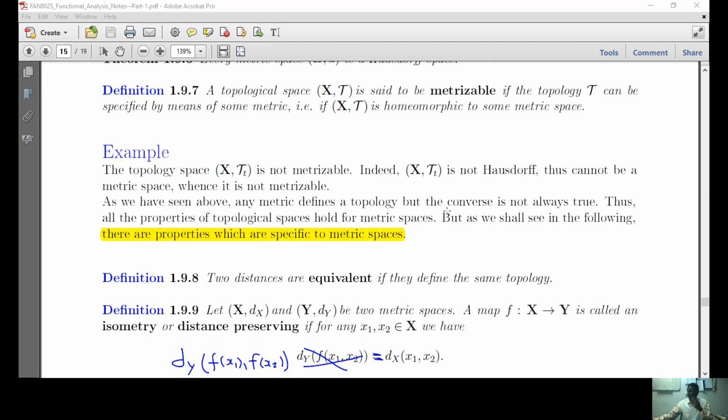That is, an arbitrary topological space is not necessarily metrizable. I think that's the simplest way to put it.